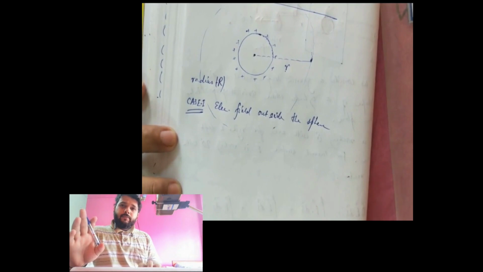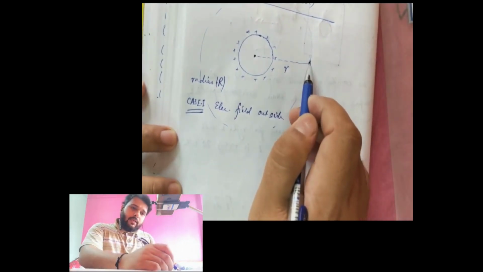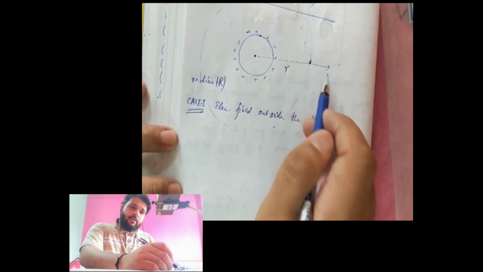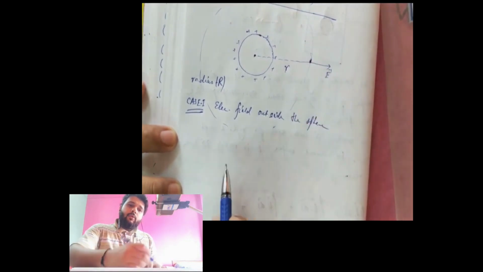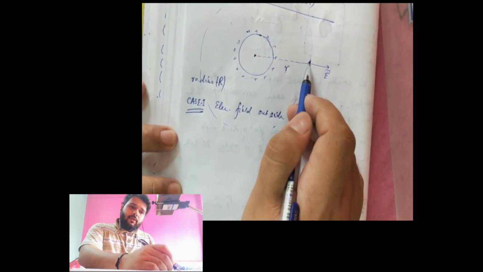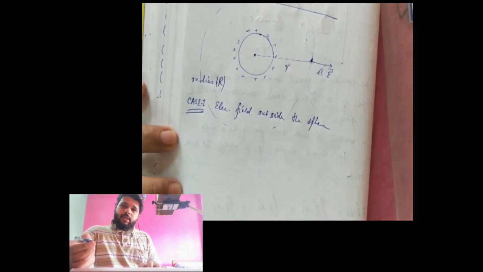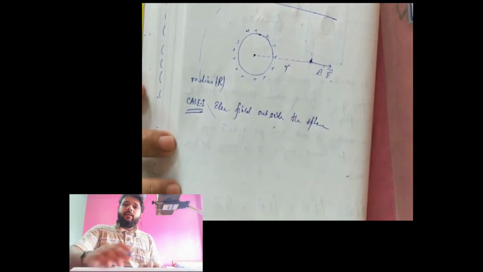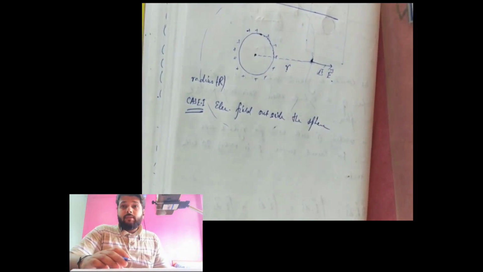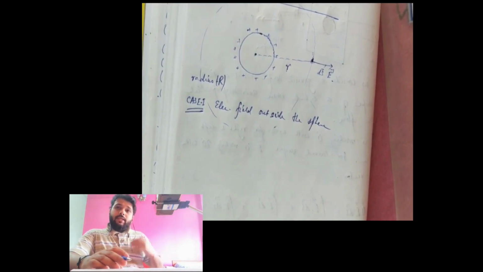So the Gaussian surface is spherical. Next, if I consider E and ds on this point, E is radially outward and ds, the area vector, is also in the same direction as the electric field. So E and ds are making 0 degree. Now I'm not going to write all the 4 steps again and again.